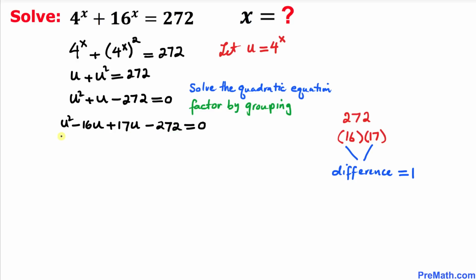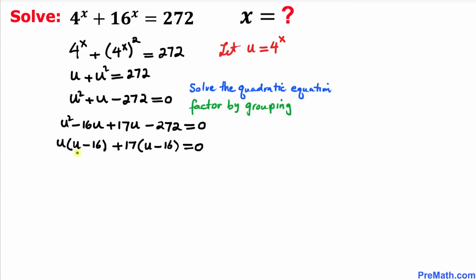So therefore, we can write this one as u times u minus 16 plus 17, we're going to factor it out, times u minus 16 equals 0.